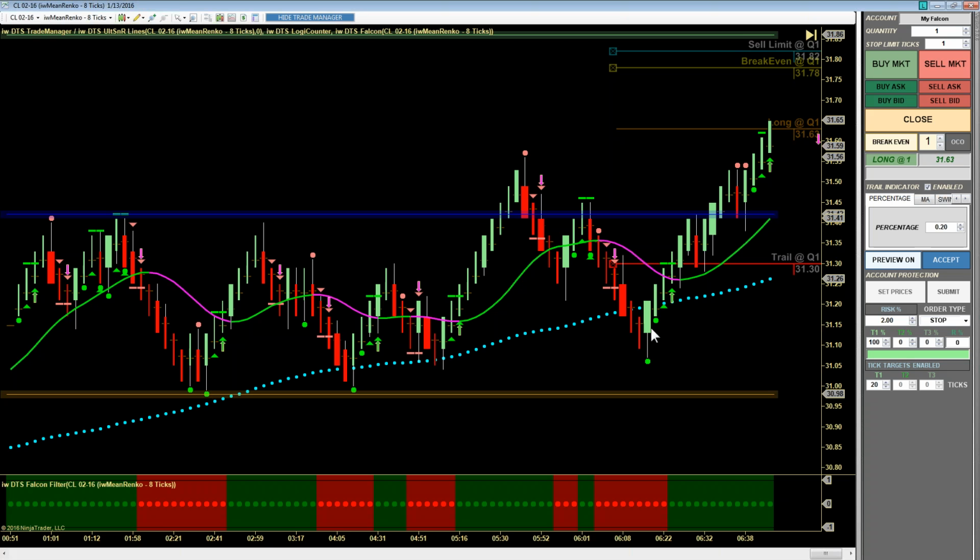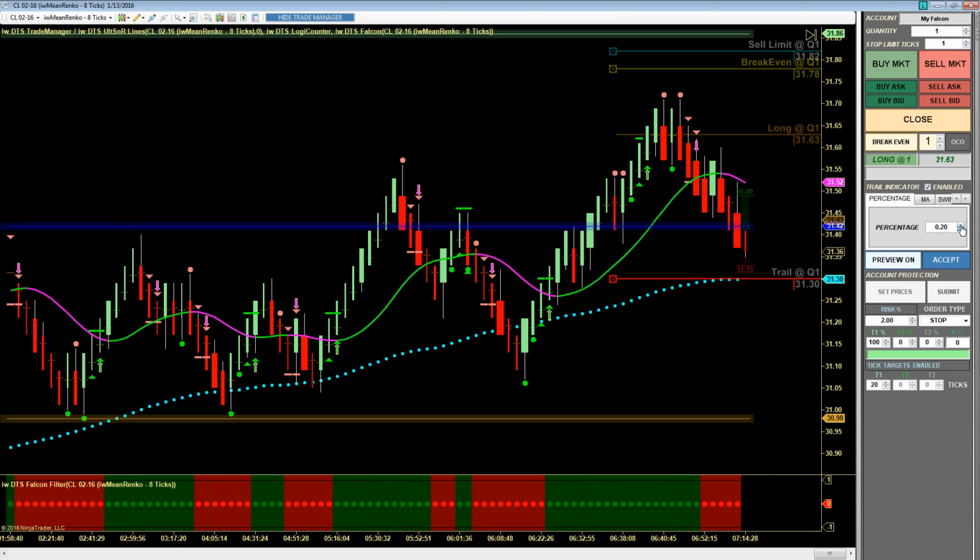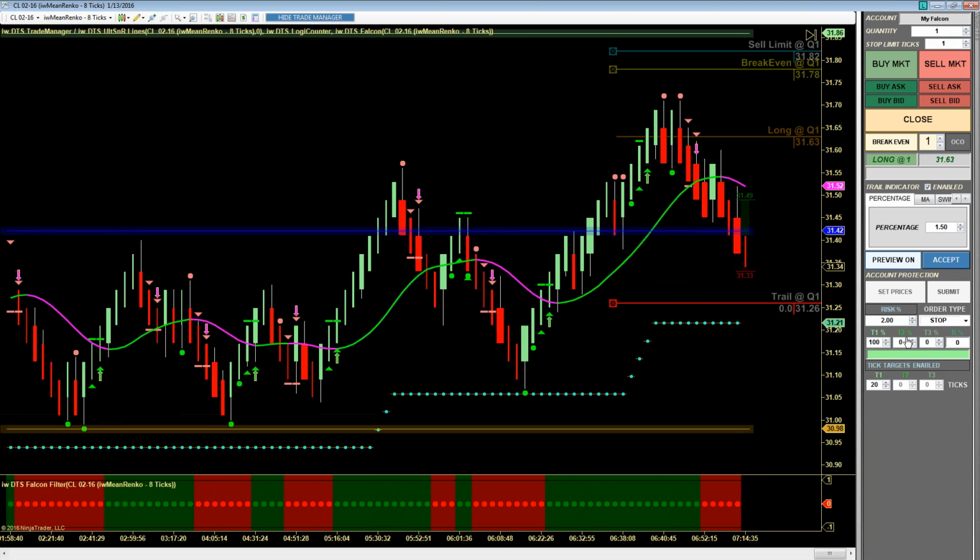So a percentage of the market range. This one can also be fairly aggressive or fairly conservative, however you choose to make it. And then the ATR stop, good old average true range. So you can plot your stops based on current market volatility.